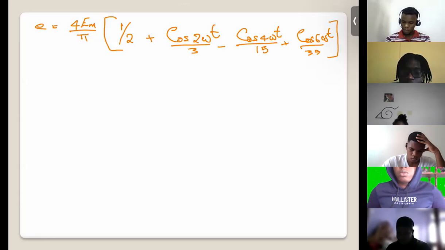All right, so that's the Fourier expression, and of course, we continue to infinity.